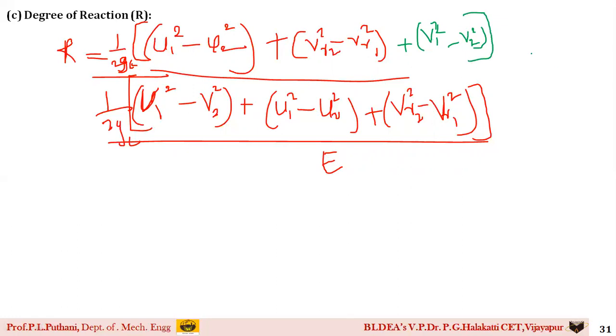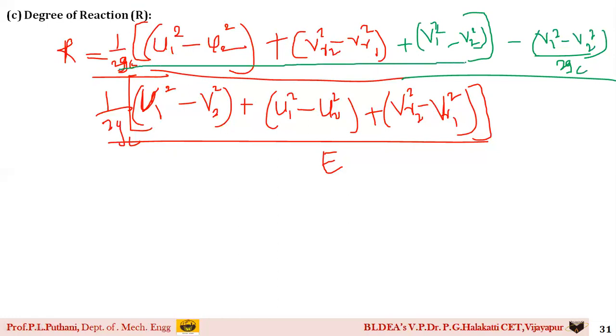Then at the same time, minus (V1 square minus V2 square) whole bracket with 2GC. Please see here, everybody. Now, if you observe the numerator part, what is this all together? Is it representing the energy equation itself?